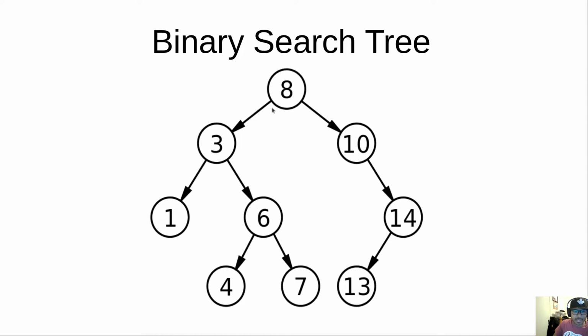The same applies for 3: anything greater than 3 goes on the right side, and anything less than 3 goes on the left side. And we keep doing this. Anything greater than 6 goes onto the right side, anything less than 6 goes onto the left side, and we keep repeating this until we get our binary search tree.